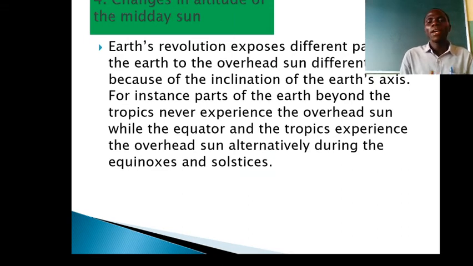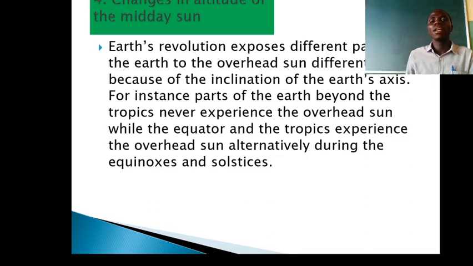When the overhead sun at noon is located on the equator, you will look in the sky and observe the sun located in the center of the sky. When the overhead sun is located in the southern hemisphere, for instance, people located in the north will observe the sun in the south.